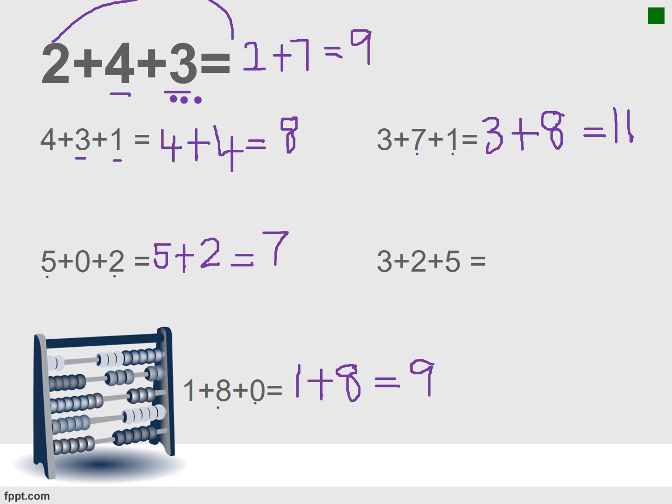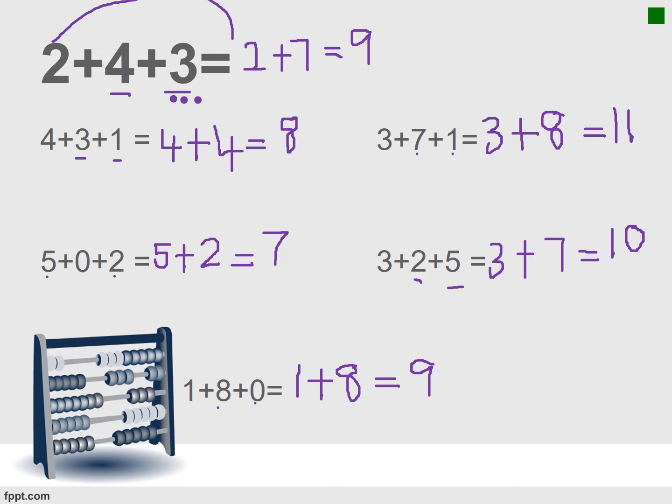Okay, next let's write number 3 here. Plus 2 plus 5. What is 2 plus 5? 2 plus 5 is 7. So 3 plus 7 is 10. Okay.